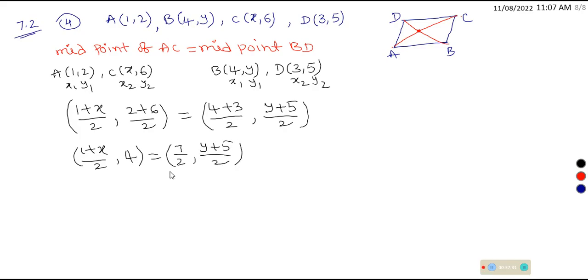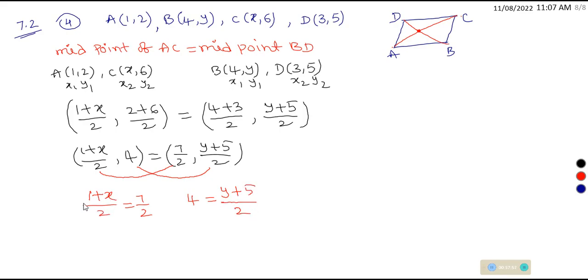If two points are equal, that means their x coordinates, their abscissas, are equal and ordinates are also equal. So 1 plus x by 2 is equal to 7 by 2, and 4 is equal to y plus 5 by 2. From here you know how to solve.